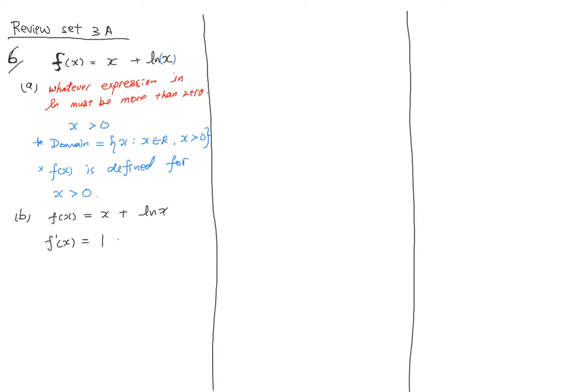The rate of change of ln x is 1 over x. Now, when you want to draw the sign diagram, you have to equate f'(x) equal to 0. Right? So I will write here, no solution.